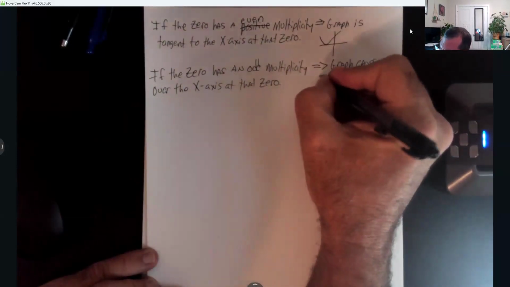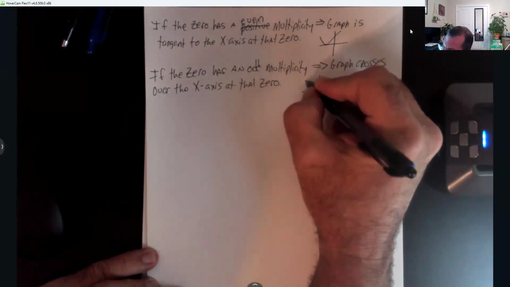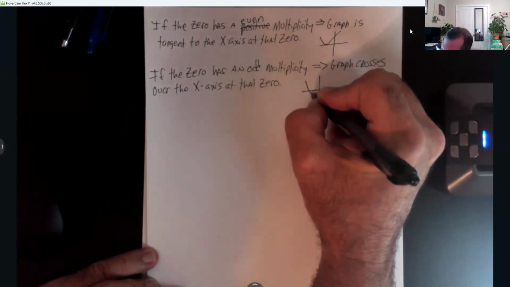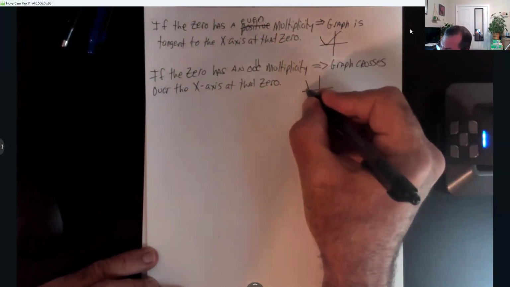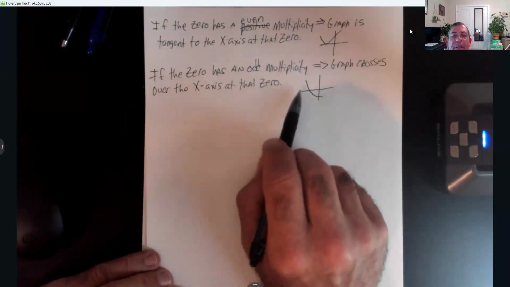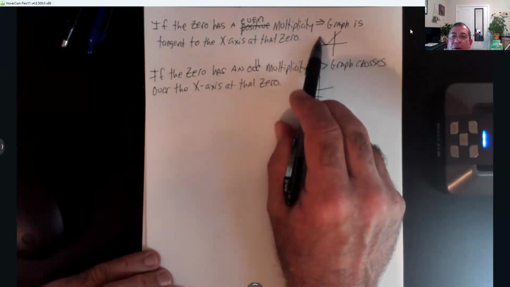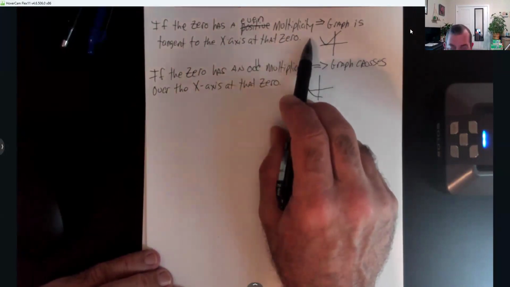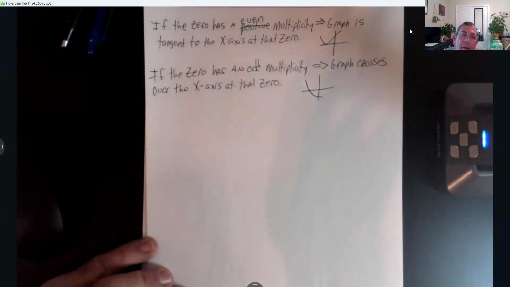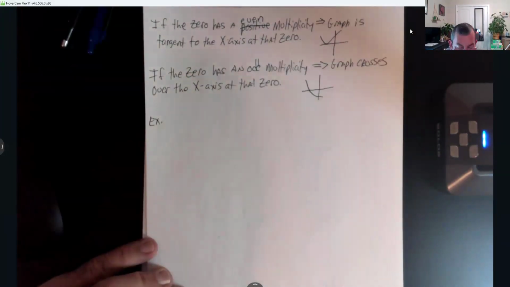Okay, so if you had your graph here, that means that your graph would come down and it crosses right on over that x-axis, okay? That happens if it's an odd multiplicity, and it's tangent here if it's an even multiplicity. So these last two questions were true or false.